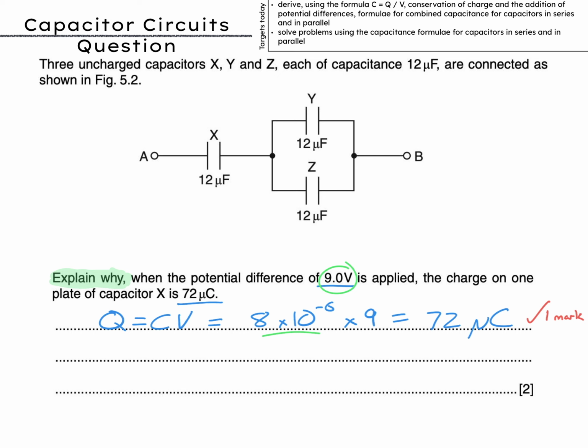So, I'm going to write that from the calculation for an equivalent capacitor, the charge is 72 microcoulombs.